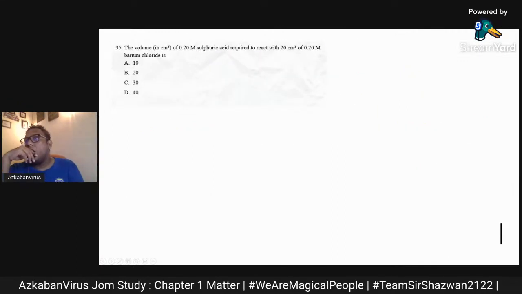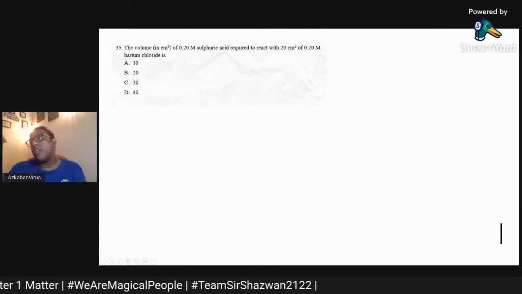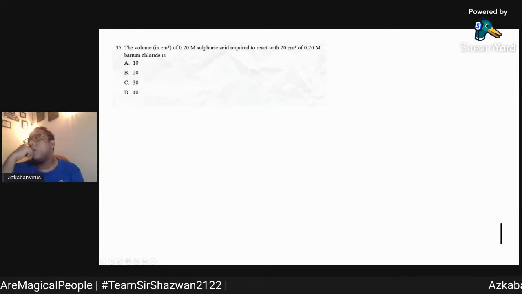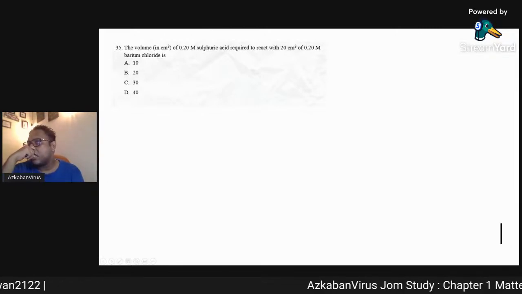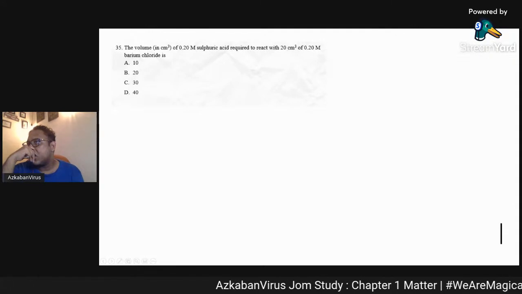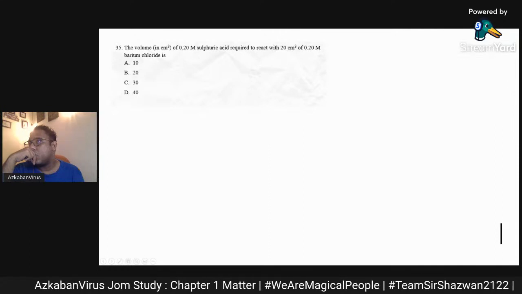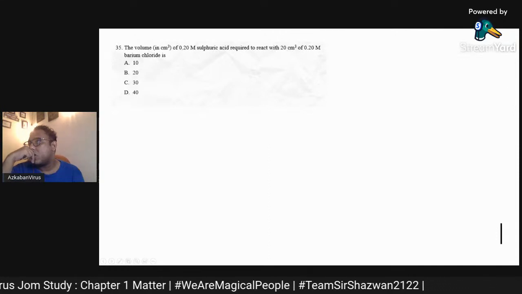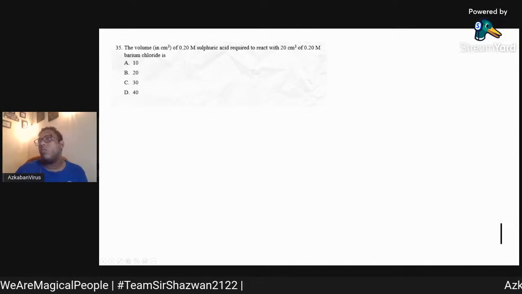Next one. The volume of 0.2 molar sulfuric acid required to react with 20 cm3 of 0.2 molar barium chloride is... Tulis equation dulu.